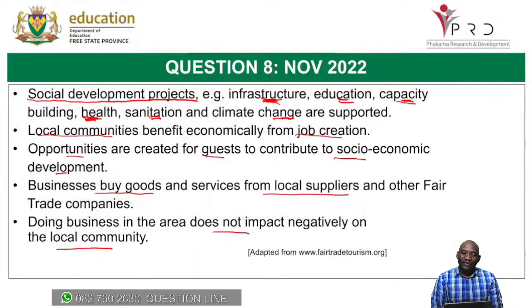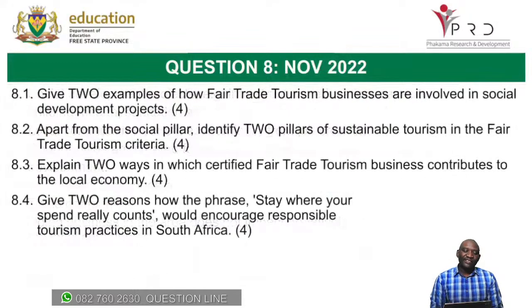Right, let's try to look there. We have got the social pillar, but besides the social pillar, which other ones do we have? Right, automatically, if we've looked at the social pillar, when I introduced, I talked about 3 pillars. Right, you've got the social pillar. So which other ones are we supposed to give here? Right, please note that down.